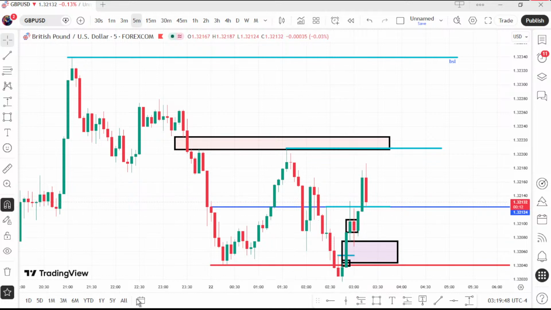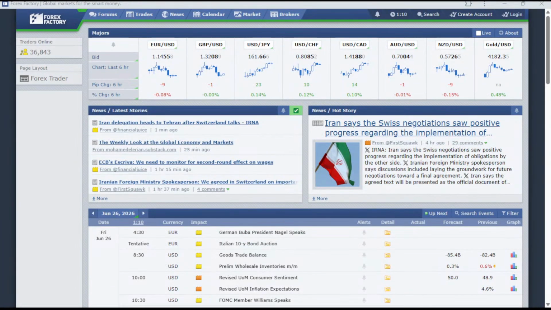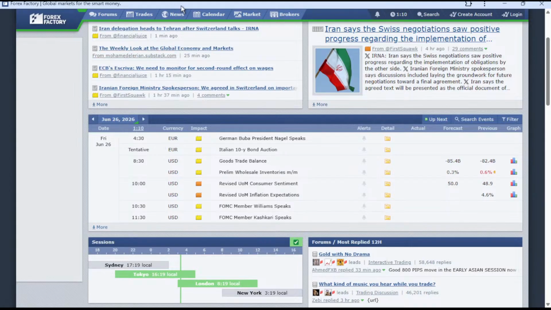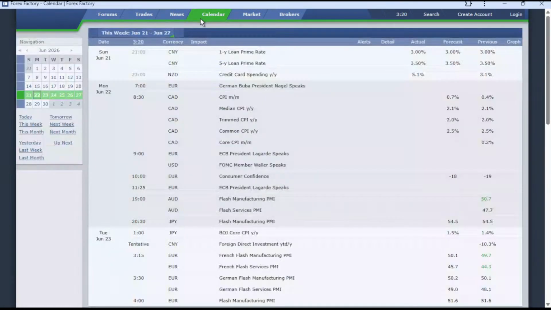Generally it will, let me take you to the economic calendar so that we can review that. So in the economic calendar, Iran says the Swiss negotiation so positive progression.